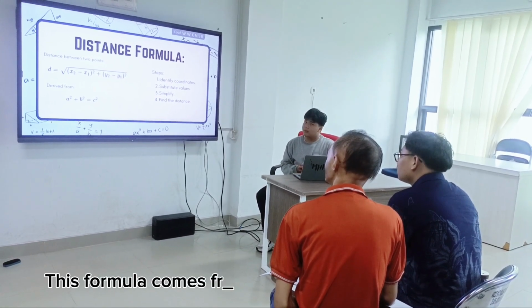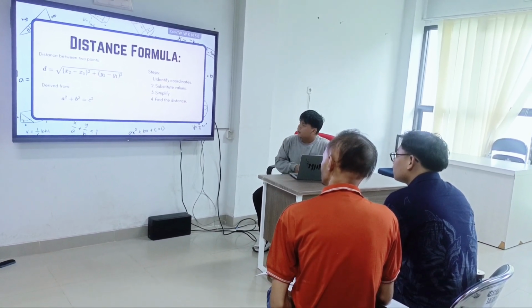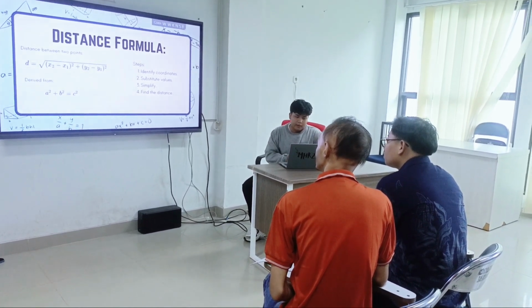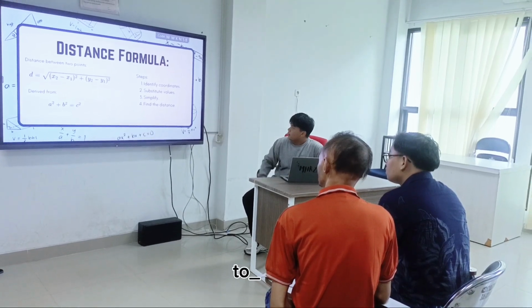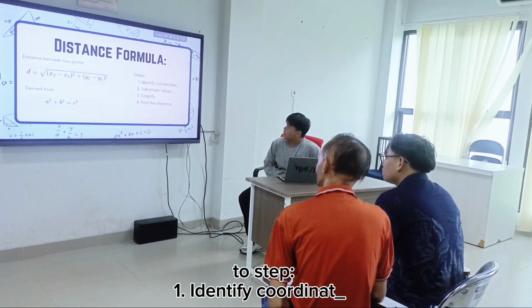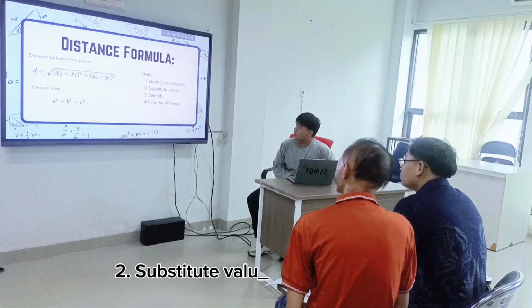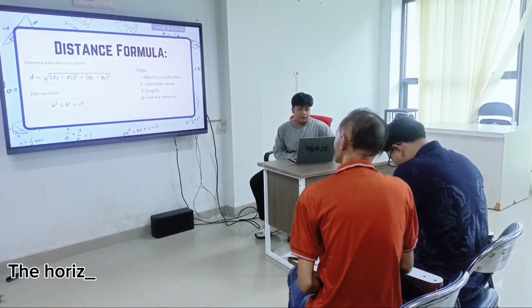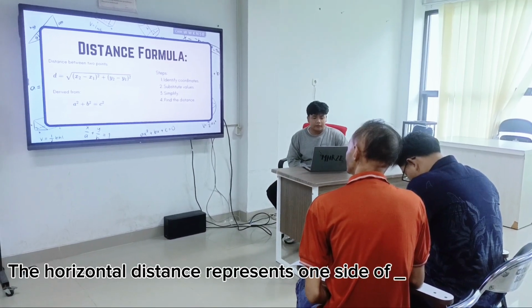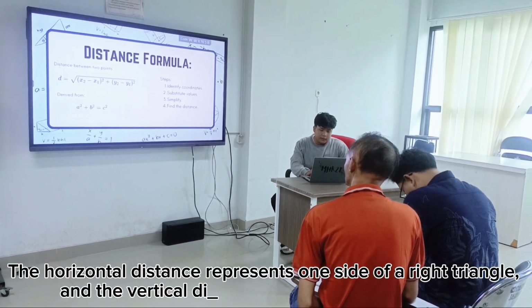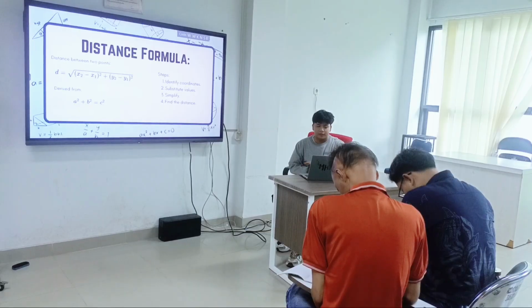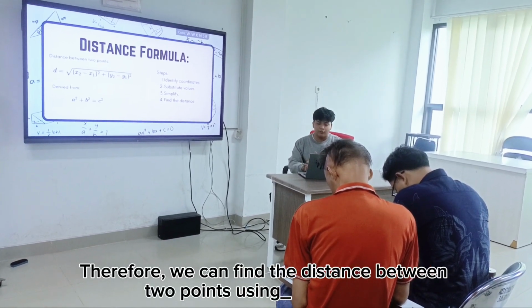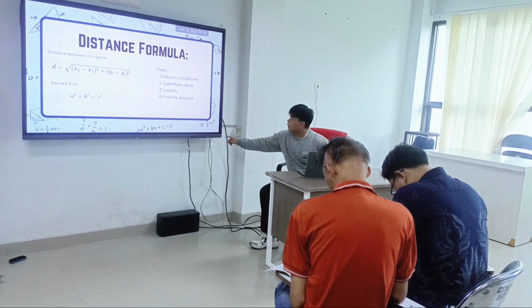This formula comes from the Pythagorean theorem, a squared plus b squared equals c squared. The horizontal distance forms one side of a right triangle and the vertical distance forms the other side. Therefore, we can find the distance between 2 points using this formula.